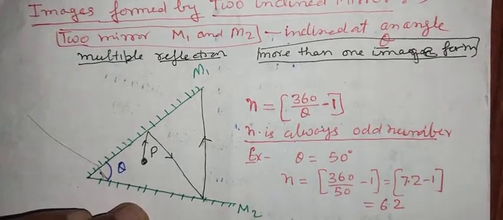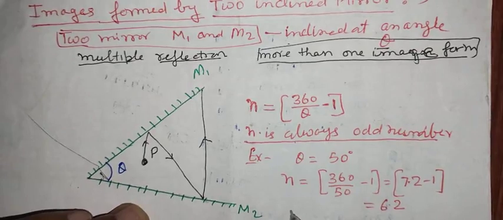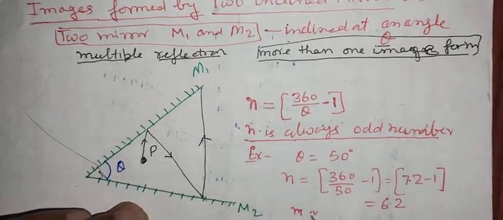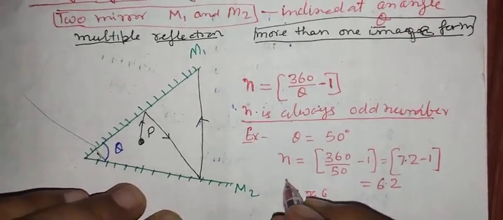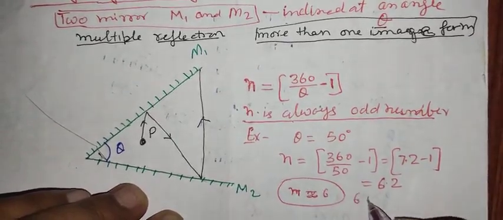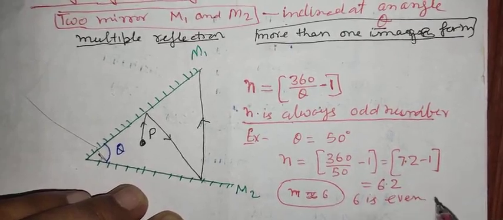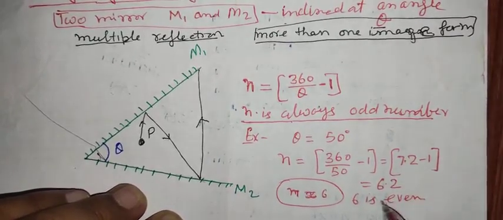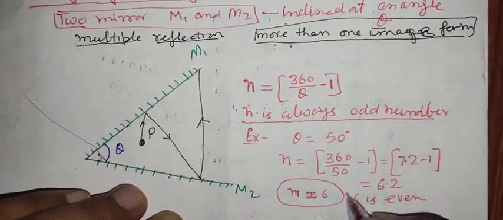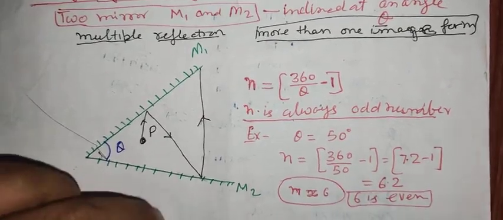In that condition, the number of images is 6. But 6 is even. If n is even, then what is the policy to do?